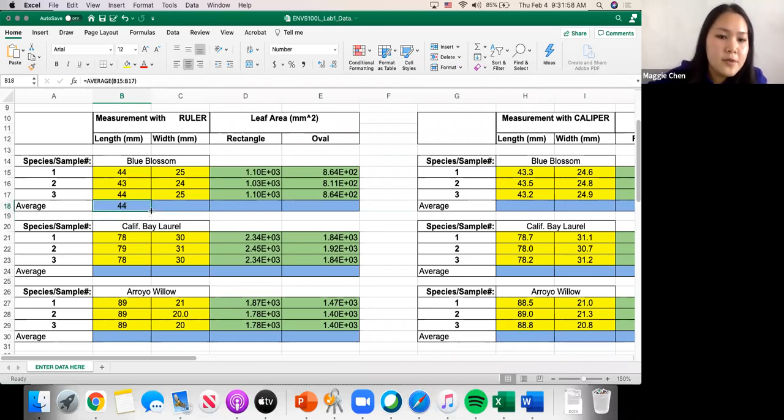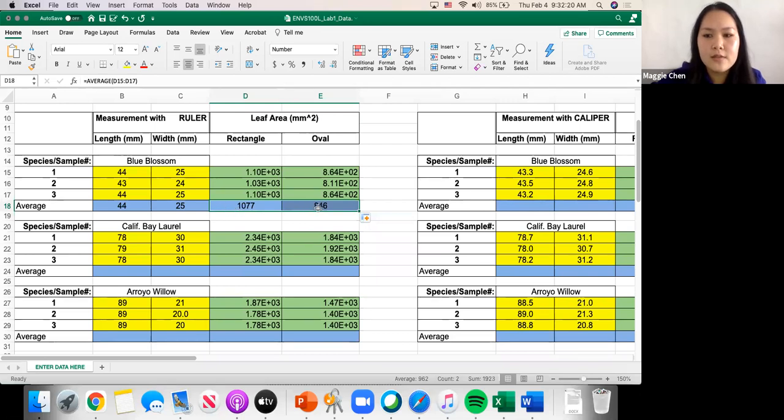And again, from here, like how we did for the green cells, we can just hover over the corner of this blue cell until our black plus sign pops up, and we'll just click and drag, and it would do these calculations for us. And then we can also put these 2 numbers in scientific notation again.